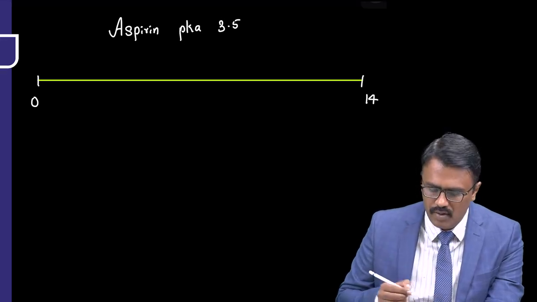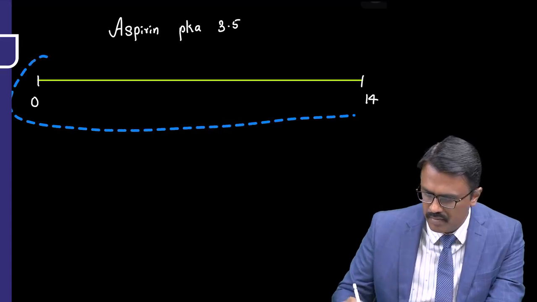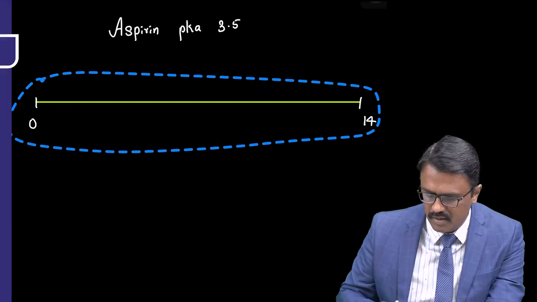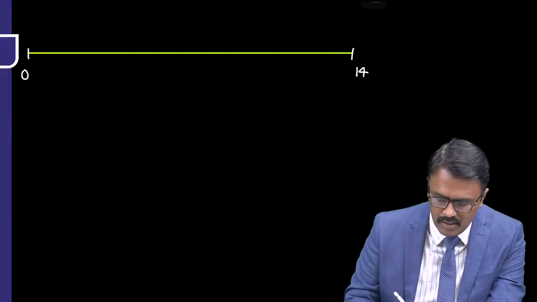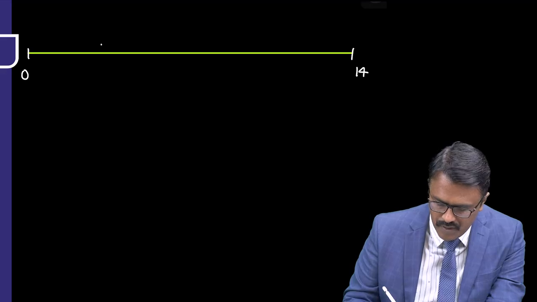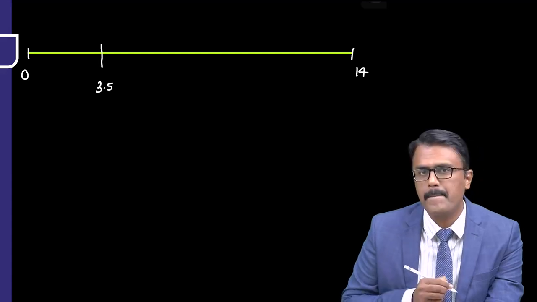Now I will not divide the pH scale with the help of 7. Now we will divide it at what point? The pKa point. This pKa point is 3.5.